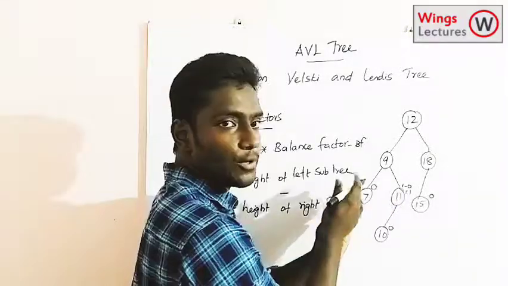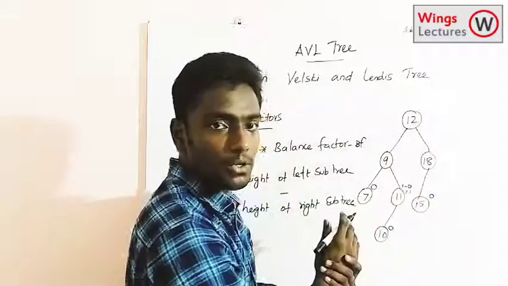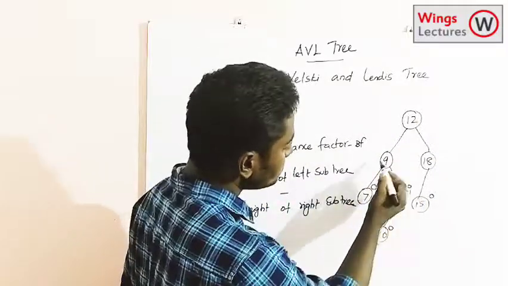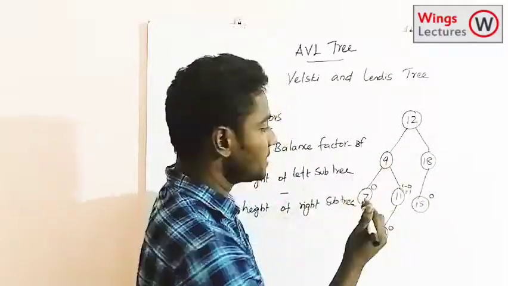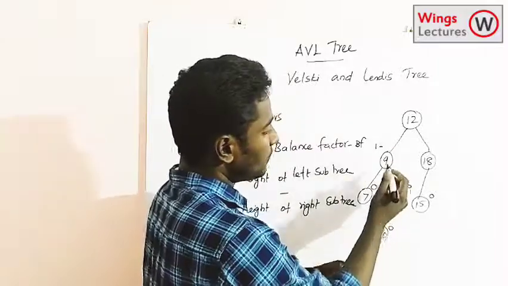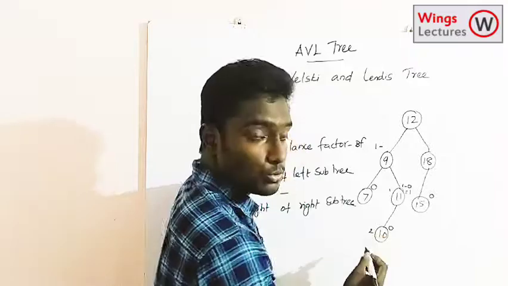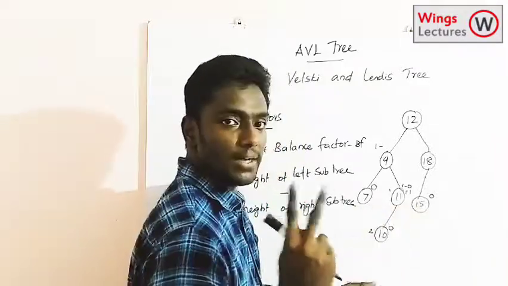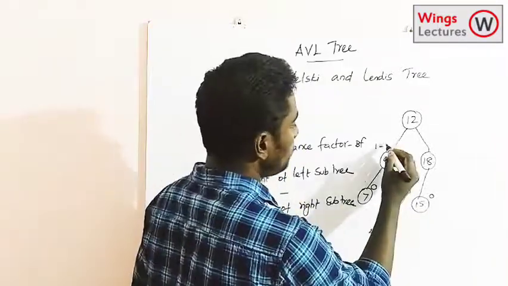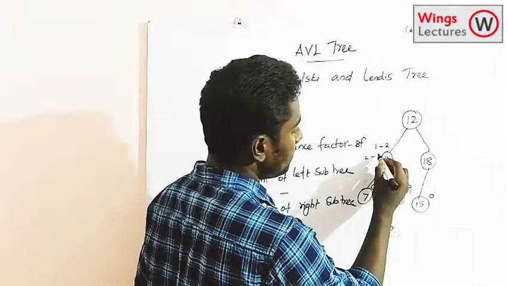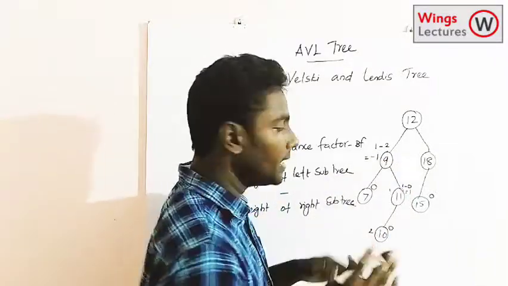This is how we find the balance factor for the rest of the nodes. For 9, the left subtree height is 1, and the right subtree height is 2, since it has 2 levels. So 1 minus 2 is minus 1. Clear?